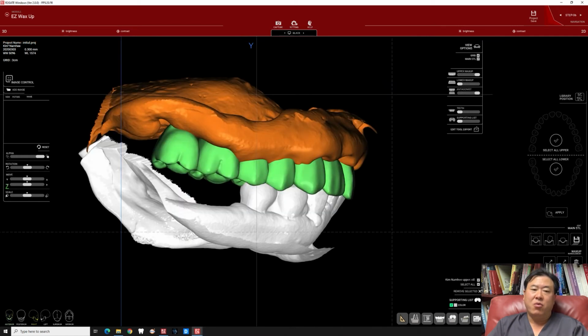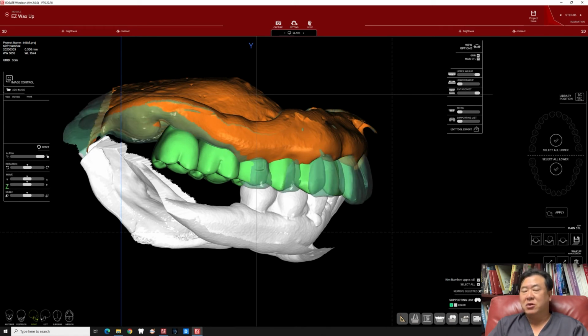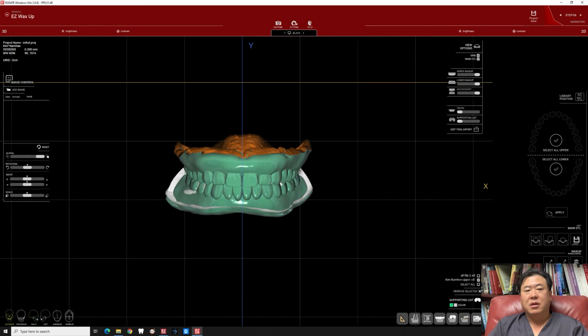When comparing the wax up to the existing teeth, the maxillary anterior teeth moved lingually about 4 millimeters. However, with the immediate denture, moving anterior teeth lingually pose great challenge in making dentures because of denture flange thickness.